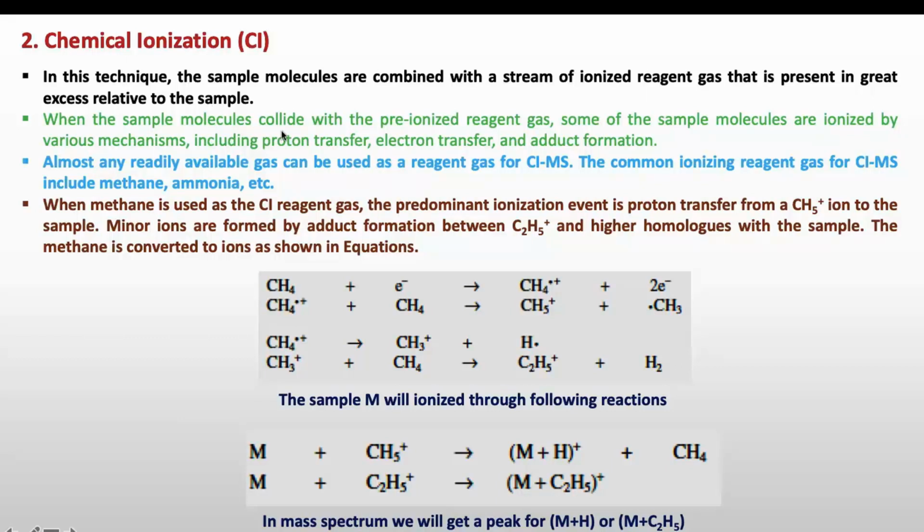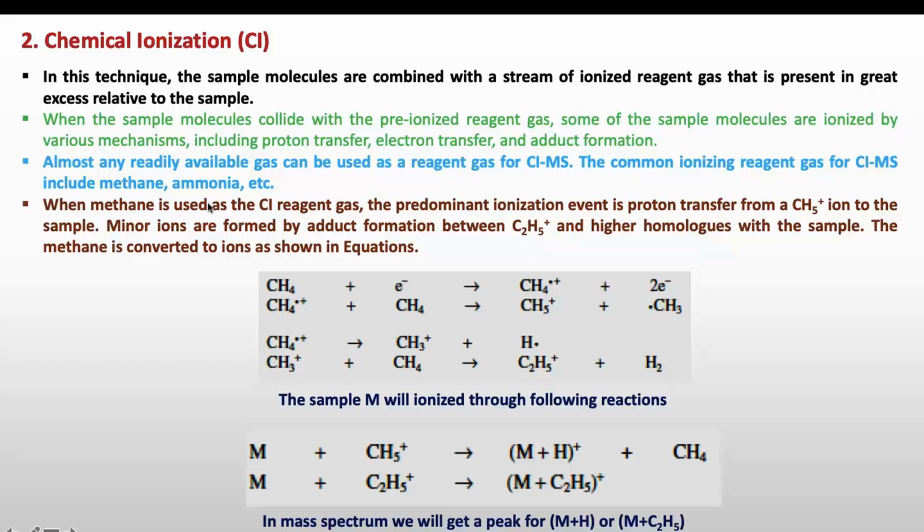When the sample molecules collide with the pre-ionized reagent gas, some of the sample molecules are ionized by various mechanisms, such as proton transfer, electron transfer, and adduct formation. Almost any readily available gas can be used as a reagent gas for CIMS. The common reagent gases we use for this method are methane or ammonia.